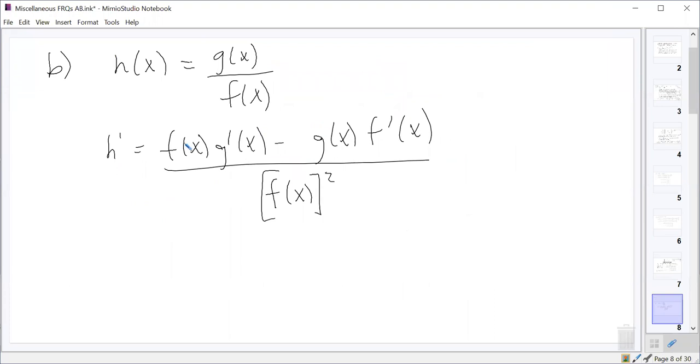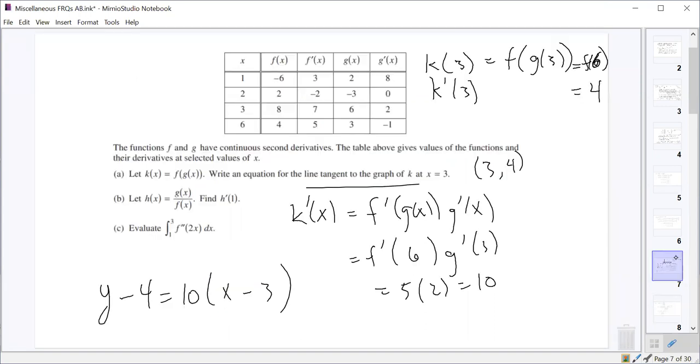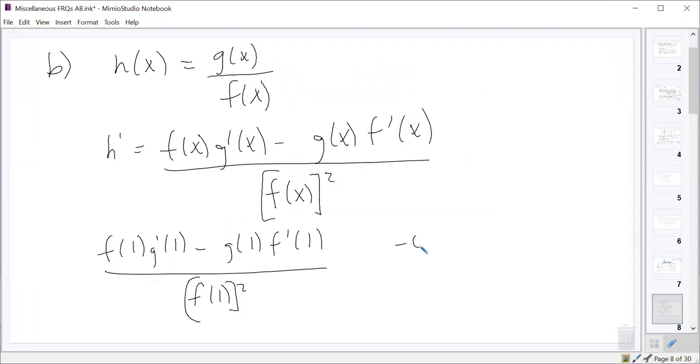We need to find h prime of 1. So we're looking for f of 1, g prime of 1, g of 1, f prime of 1, and f of 1 again. What are all those values? What's f of 1? It's like -6. So we got -6 times something over a -6 squared.